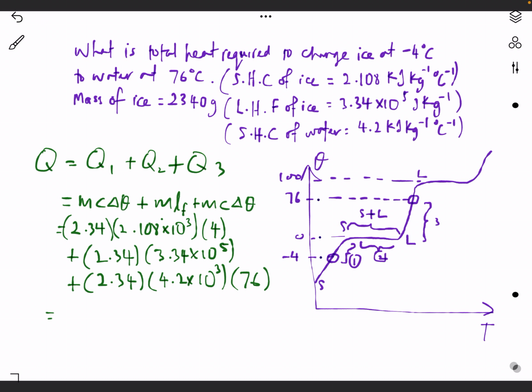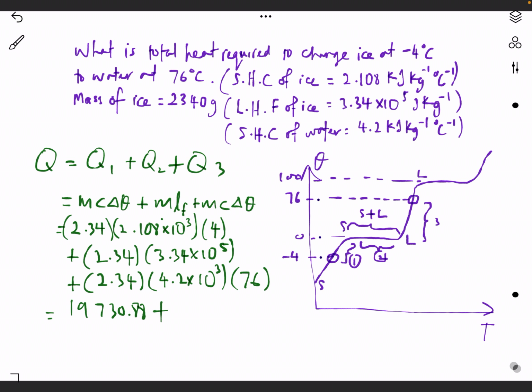So let me use my calculator to calculate this. 2.34 multiplied by 2.108 times 10 to the power of 3, multiplied by 4. So the answer is 19730.88. Okay, that is the first part.